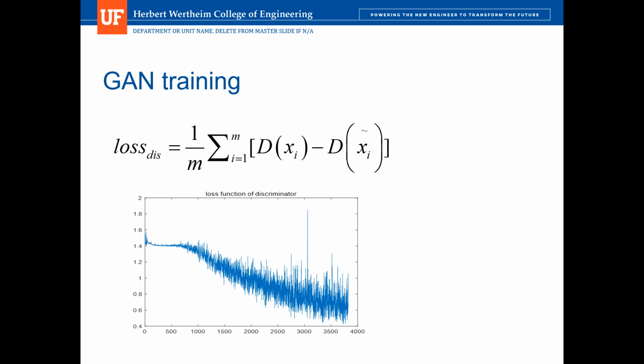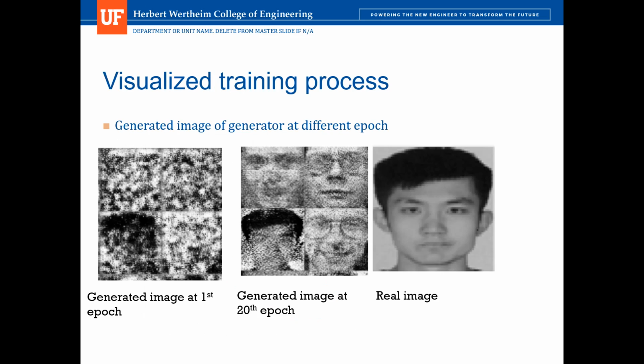The discriminator also wants its loss function to become larger, but because the generator's loss function becomes larger, the main trend of the discriminator's loss function is decreasing, though it really wants its loss to increase.